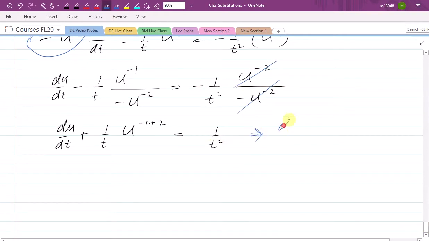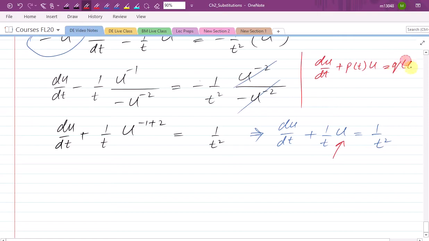This implies du by dt plus 1 over t u equals 1 over t square. As I mentioned earlier, this will always become u, and u will cancel on the right hand side, and always you will get a standard form du by dt plus p of t u equals q of t. So your p of t here is 1 over t.